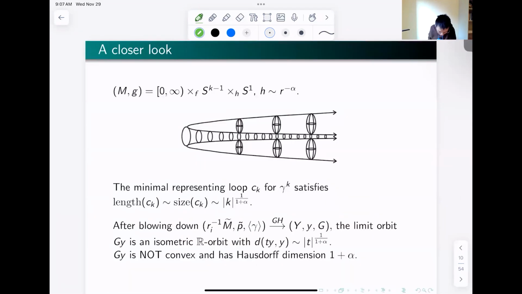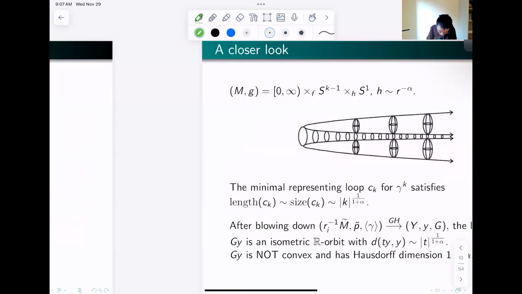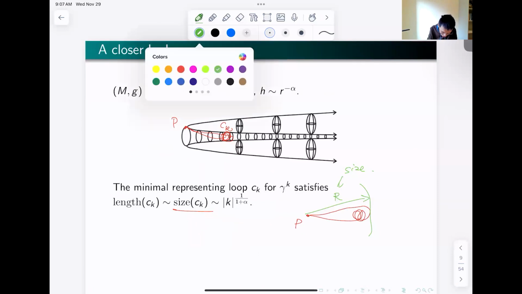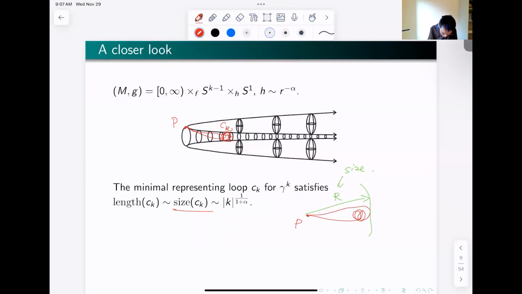Now, if you translate this property to the universal covering, it will be like you have these orbits here. So these are gamma dot p tilde, where p tilde is a lift of p, gamma is the fundamental group. Then you have a point, say gamma to the k p tilde, right?